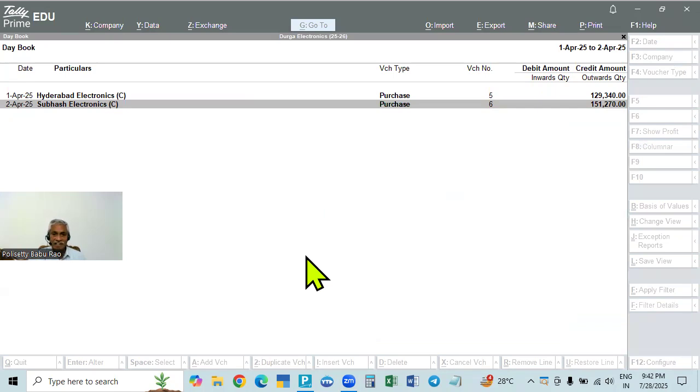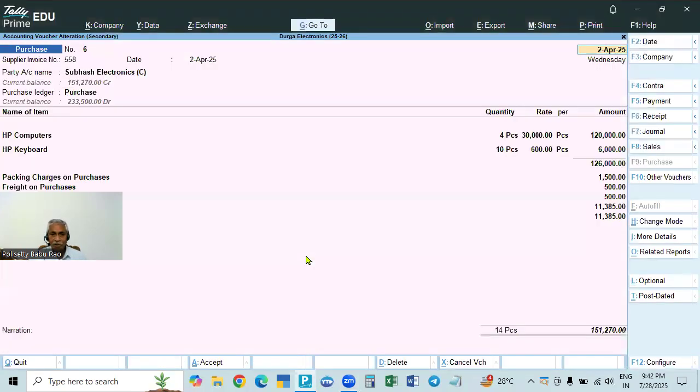When we purchase from the supplier, he gives the sales invoice. If he charges additional expenses, in the purchase invoice also we have to enter the additional expenses along with the GST.